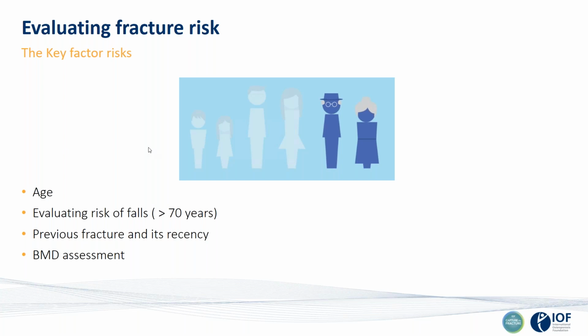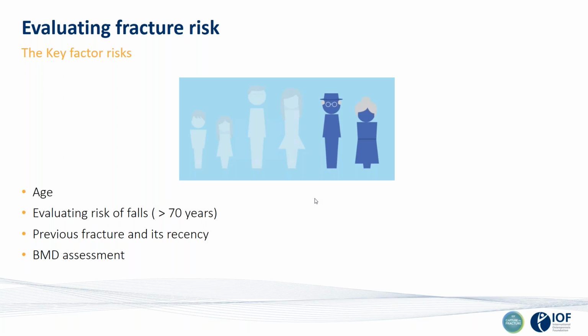And I would like briefly to go through the 4 very important key risk factors that will help us decide if the patient needs a treatment or not. The first item is age.